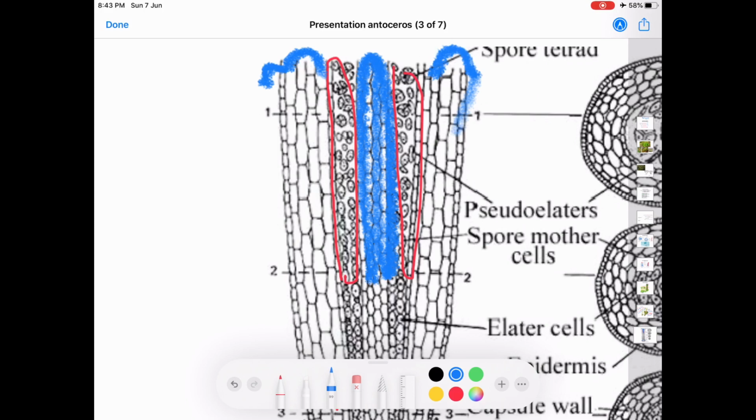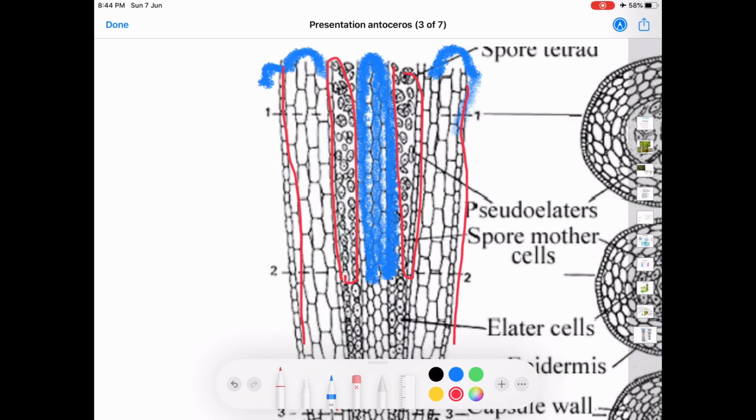The outermost layer of the capsule wall is the epidermis. This is the epidermis, and it consists of stomata. The epidermis is parenchymatous and is sometimes called the jacket.